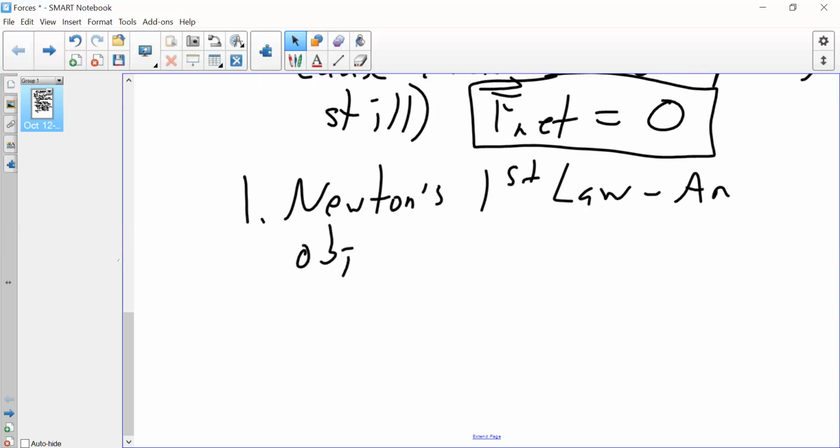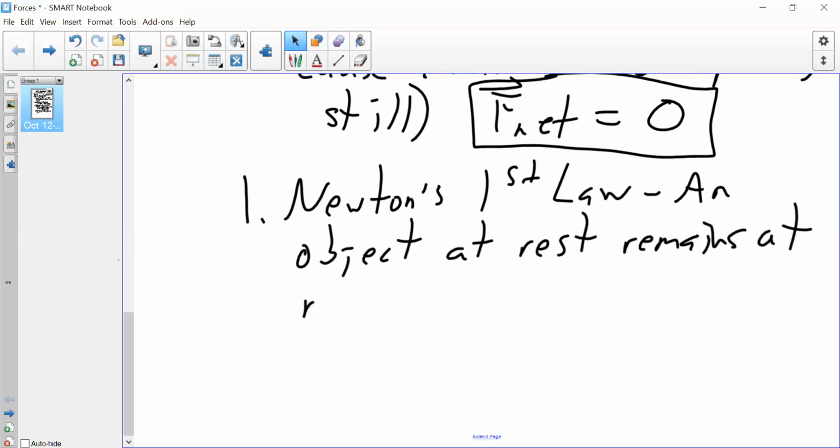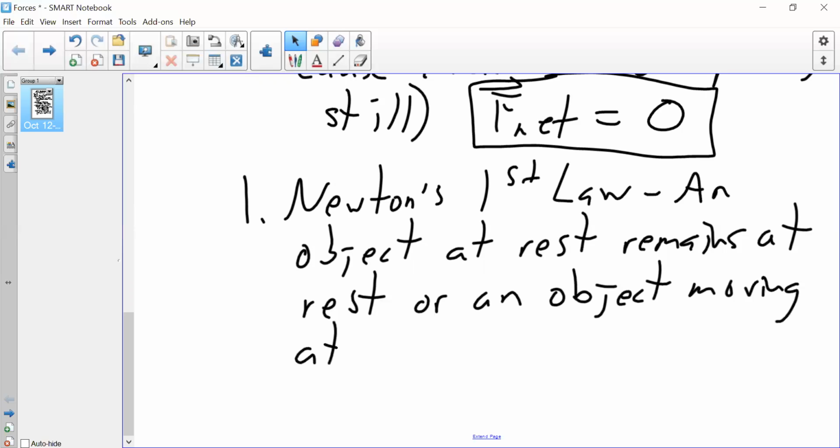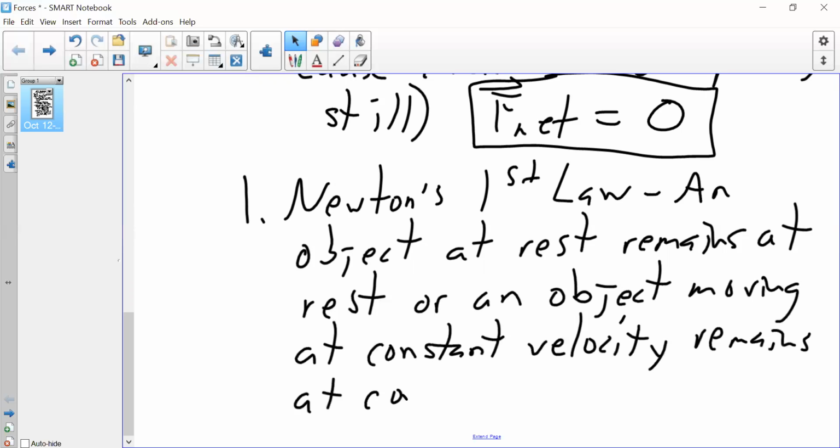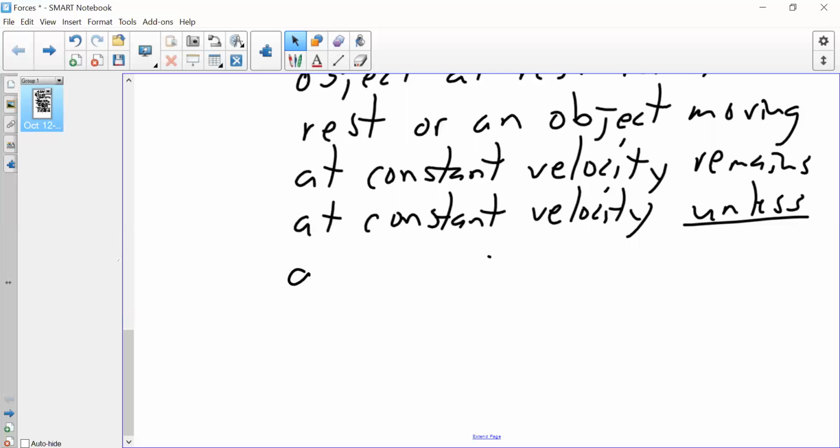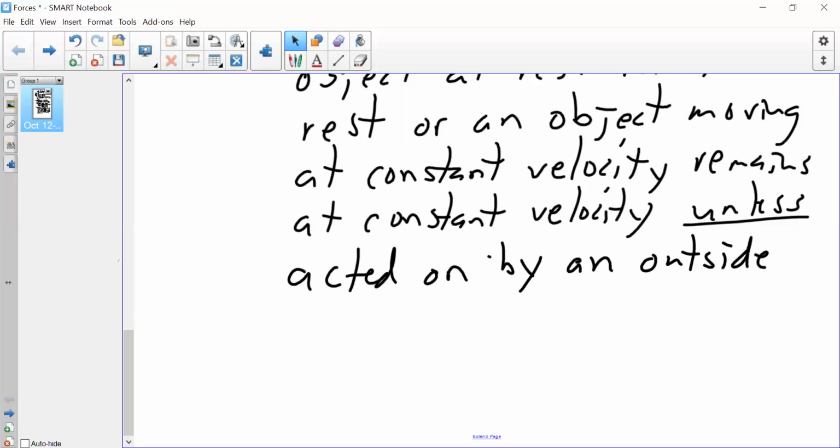An object at rest, or an object moving at constant velocity, remains that way, again, this is just summary from last time, unless acted on by an outside force.